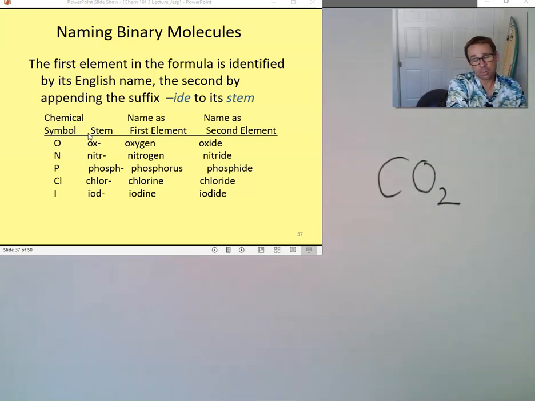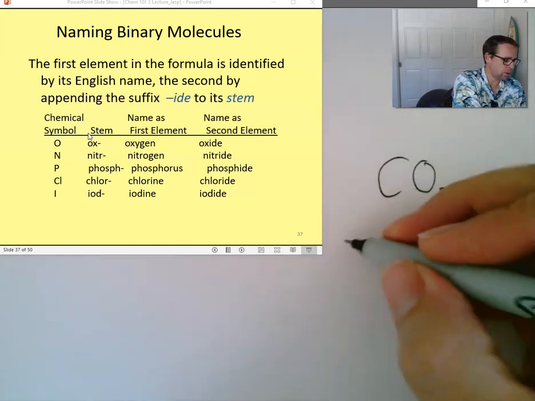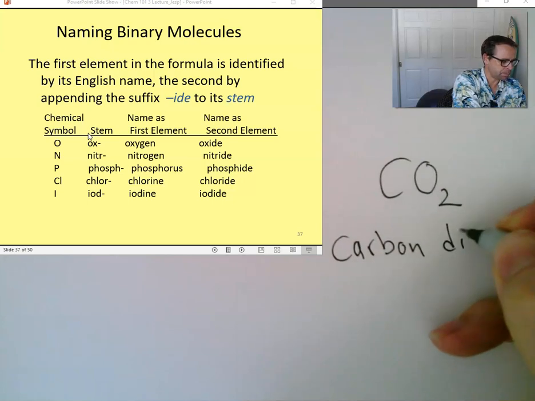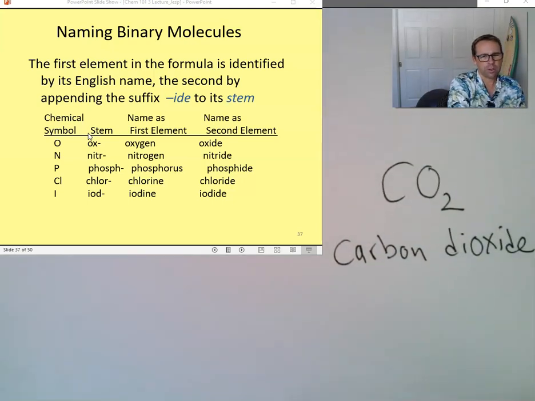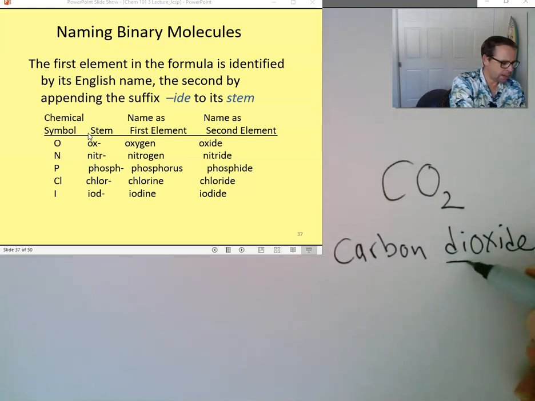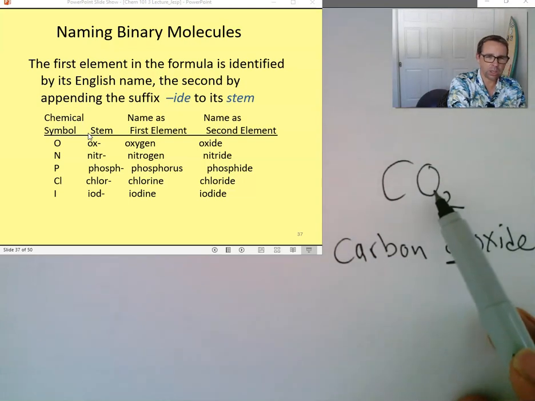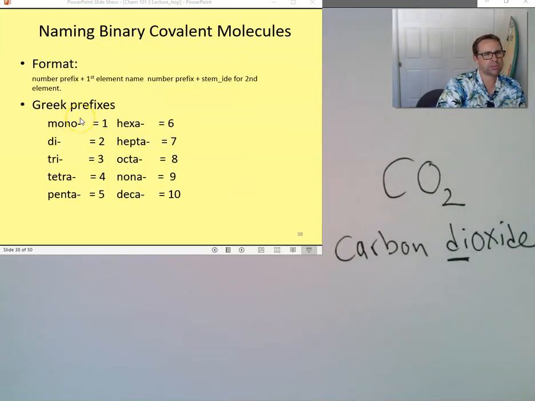You might not know it. We worked with it a while back, talked a little bit about it, but it's called carbon dioxide. Very good. And the di is telling me that I have 2 of these oxygens.